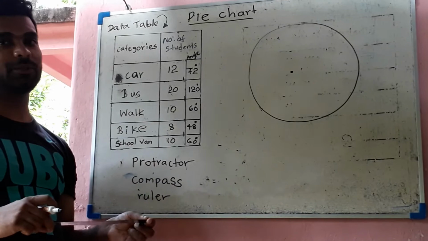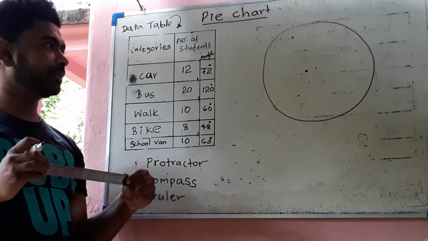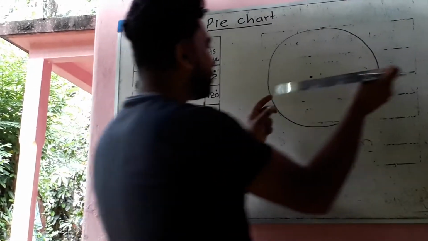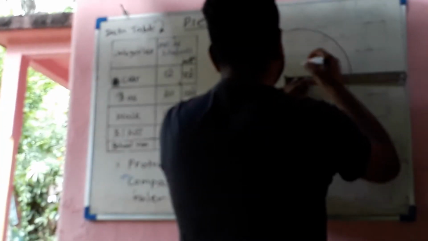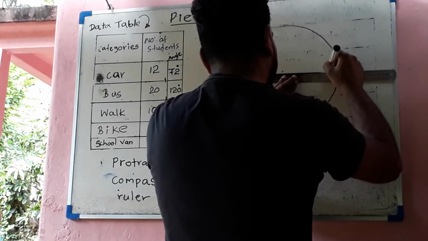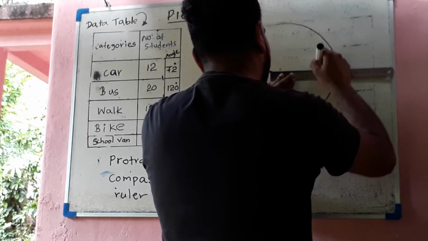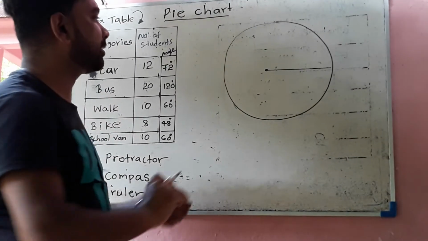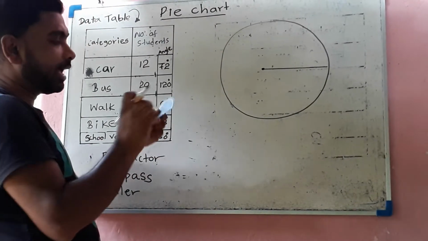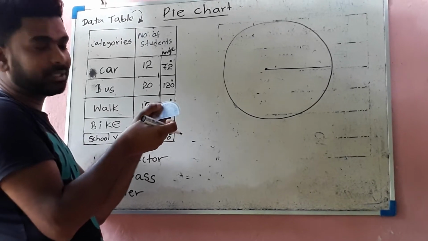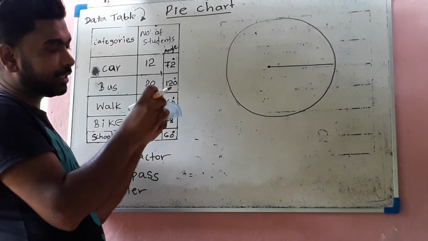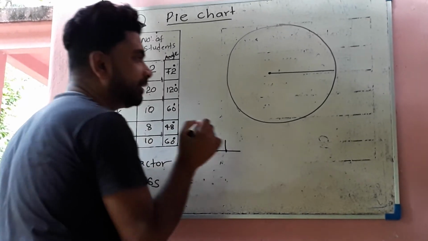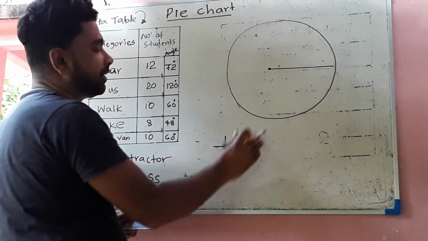Now take your ruler, go to the center and draw a line. Now take the protractor. Here you can see there is a horizontal line and a vertical line. This cross point is the point you should keep on the center point.